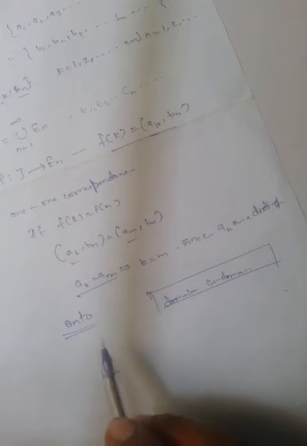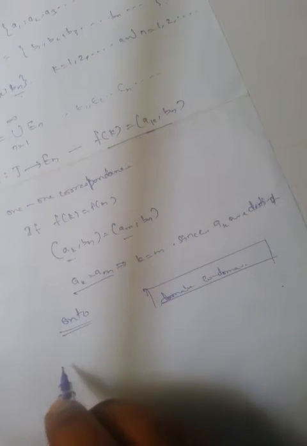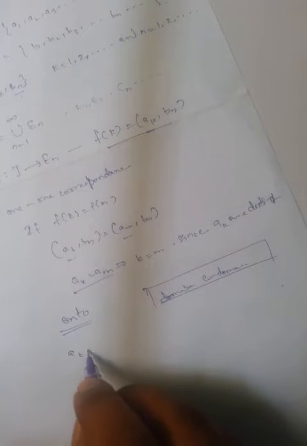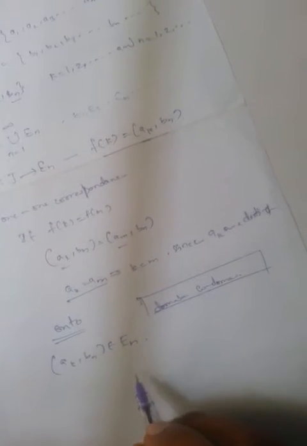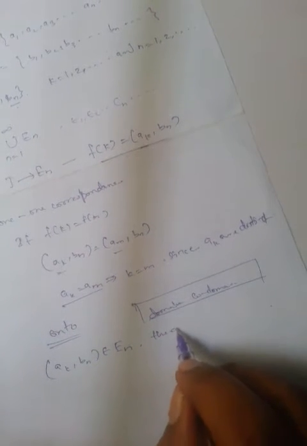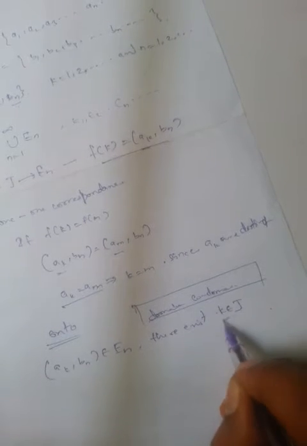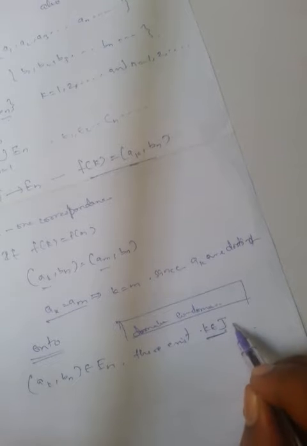So to prove that f is onto, we have to prove that there is nothing left out. For that, considering ak, this bn belongs to En, there exists k belonging to J. So again, we get this using the concept of J over here.